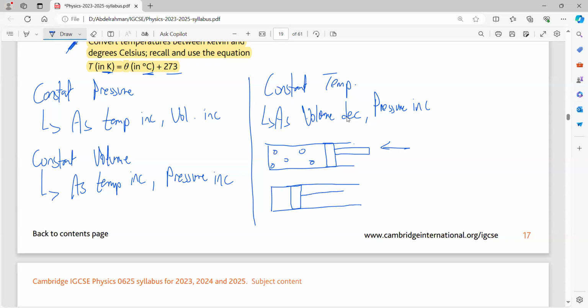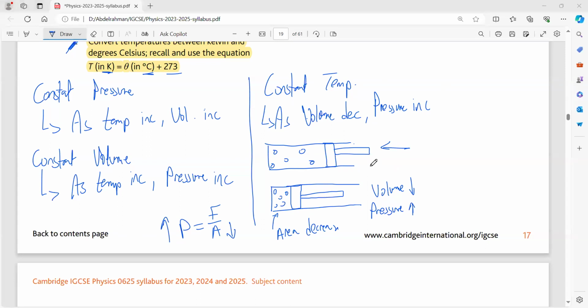So as the volume decreases, what will happen to the pressure? The pressure will increase. Why does the pressure increase? Because the area of the walls decreases, and we said pressure equals force over area. When the area decreases, the pressure increases.